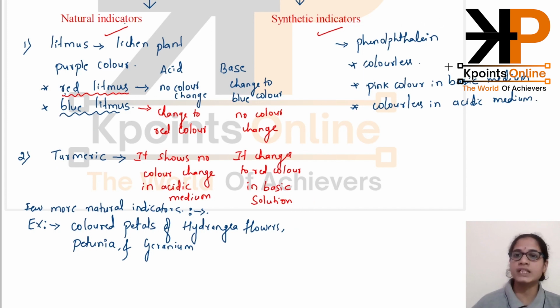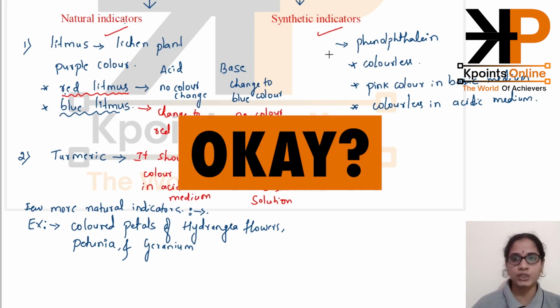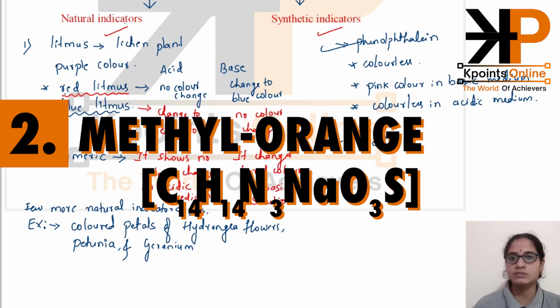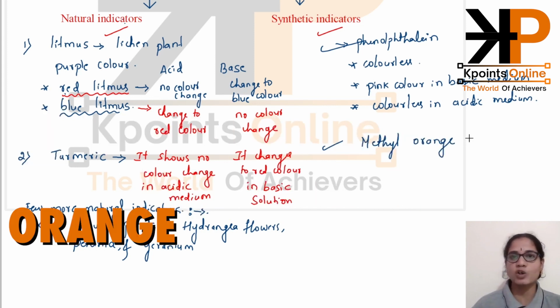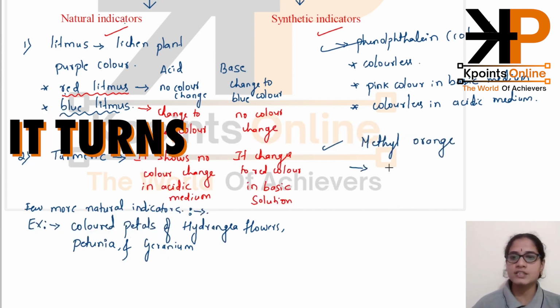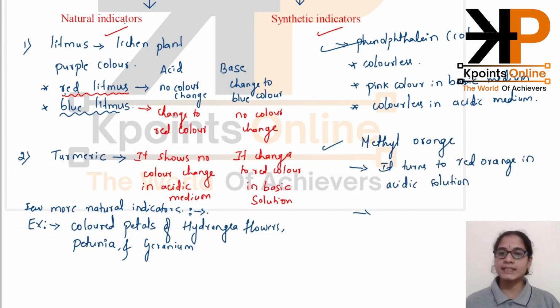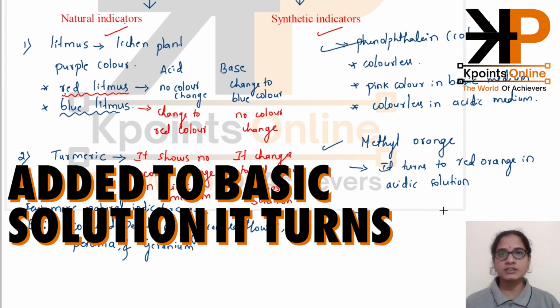Suppose you add phenolphthalein to acidic medium, it shows no color change and it turns to pink color in basic medium. There is one more synthetic indicator which is methyl orange. As the name itself suggests, it is orange in color.